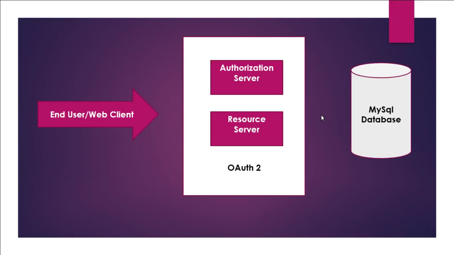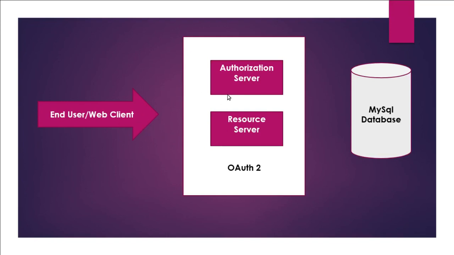Basically what I am going to do here is, as an end user or web client, if I want to talk to my secure resources, then this communication happens through tokens.